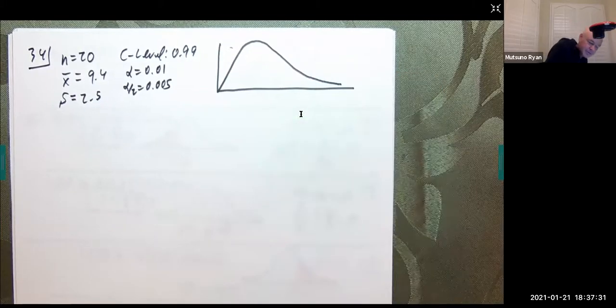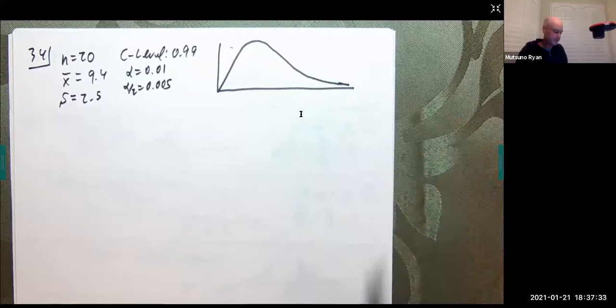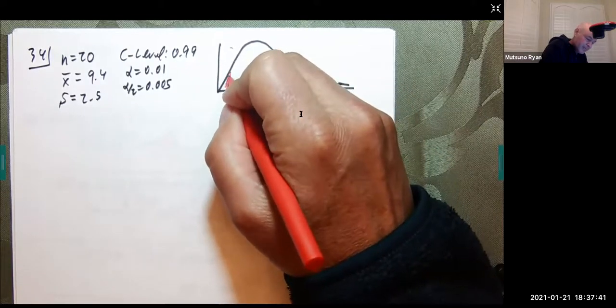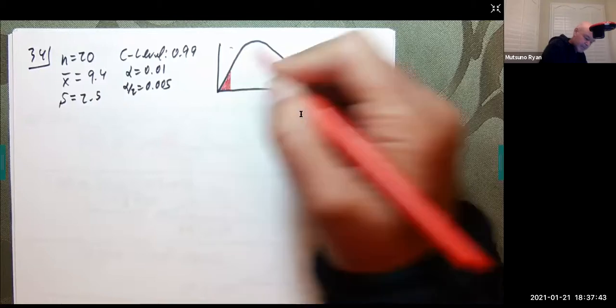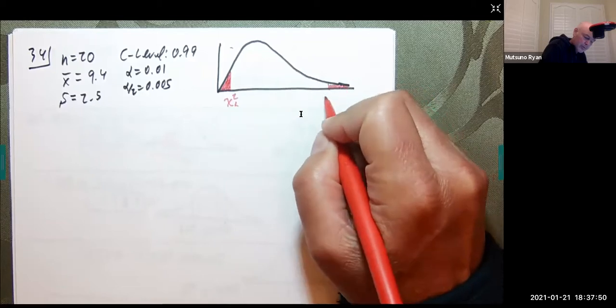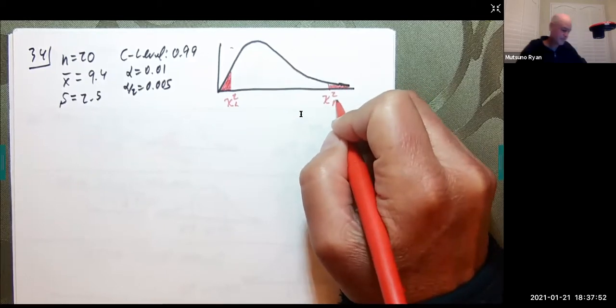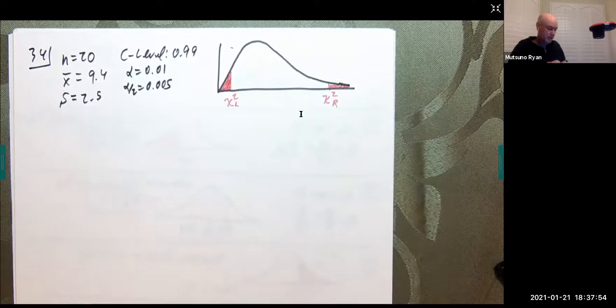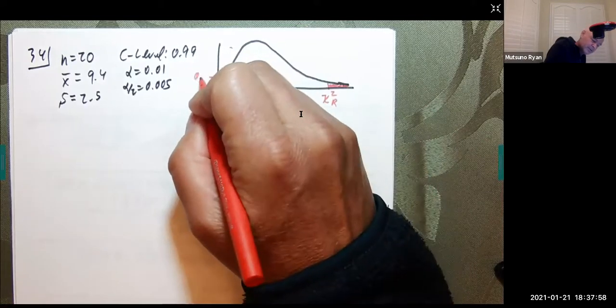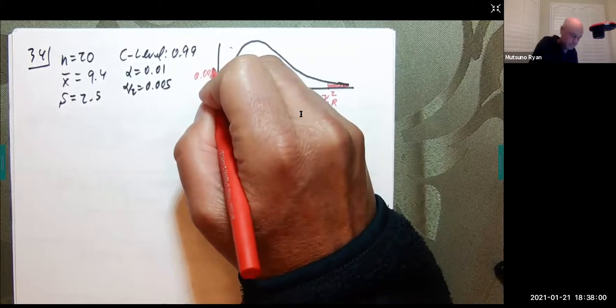So this is a chi-squared distribution. And we will need these critical values. And within each of these tails, the area is 0.005, two zeros.